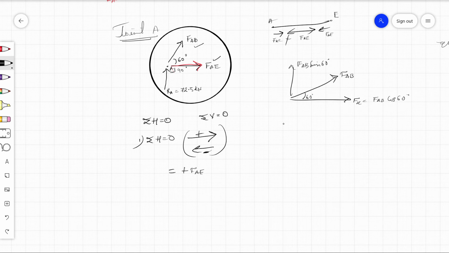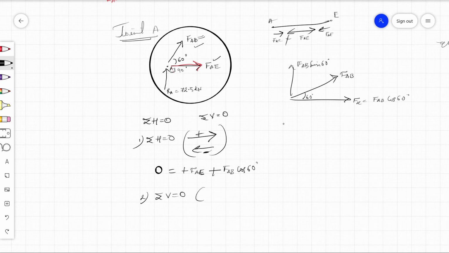The x component of FAB, which is also moving from left to right. So it is plus FAB cos 60 degrees, which is equal to 0. Done. And the second equation is summation of all vertical force equal to 0.